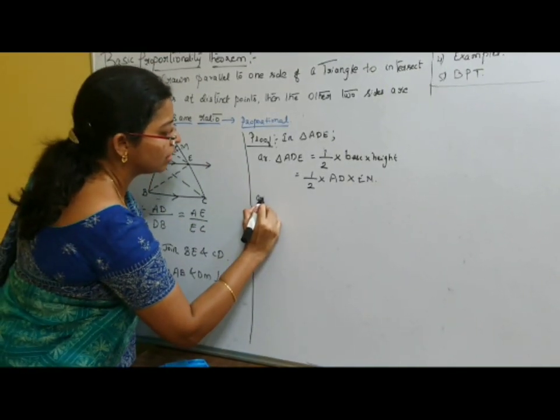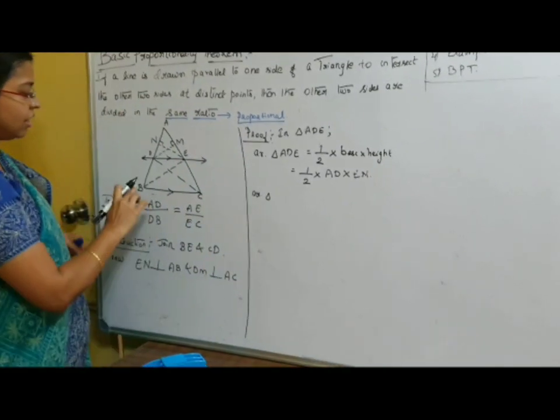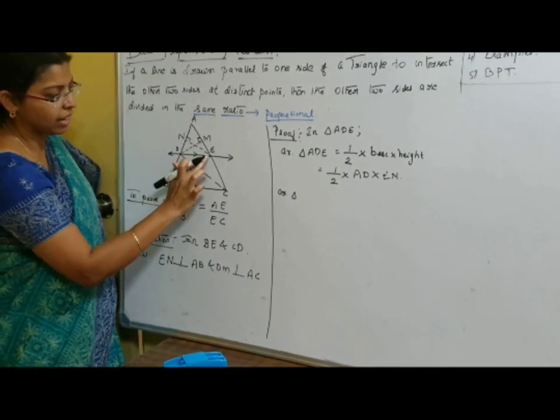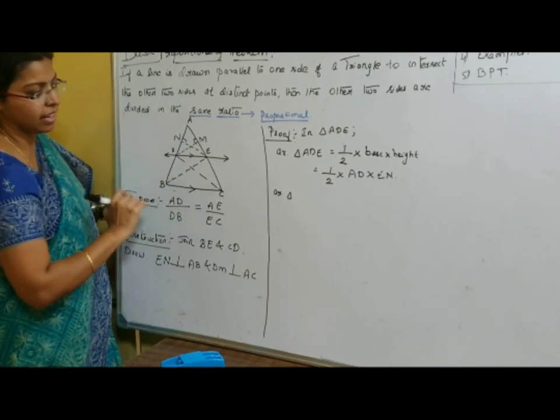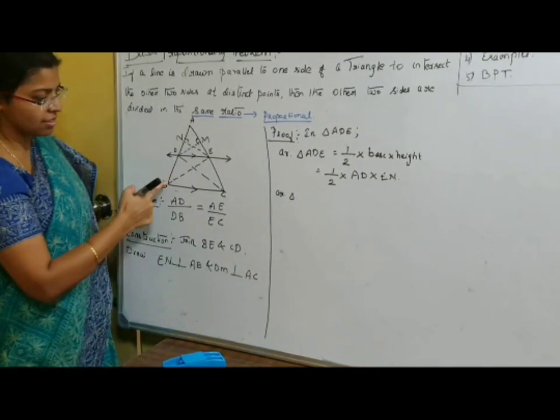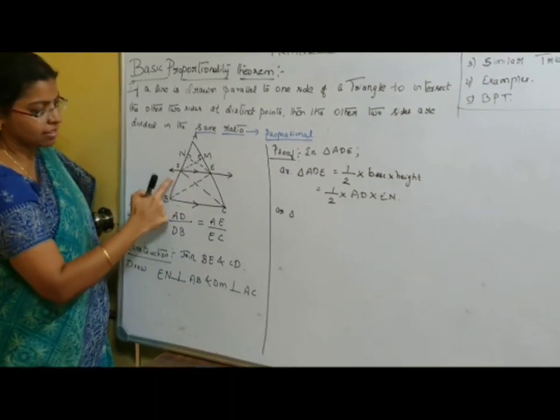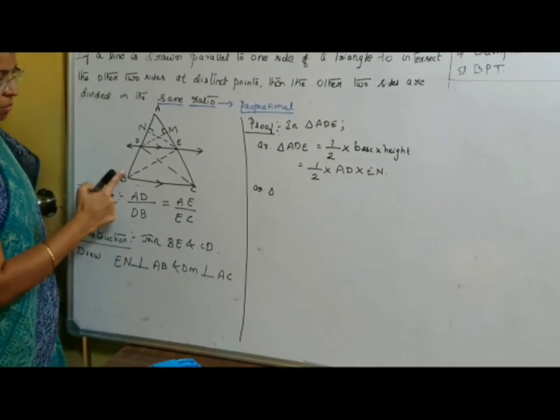Similarly, what is the area of the triangle? When we join BE and CD, there are two triangles which are formed, BDE and CDE. Because we have considered AD as the base, we will consider the triangle BDE, and we will consider BD as the base.